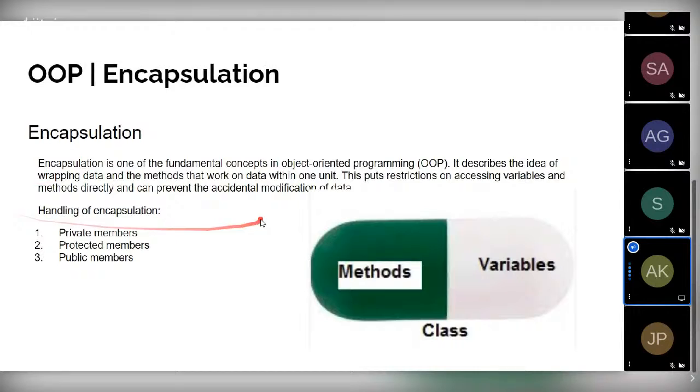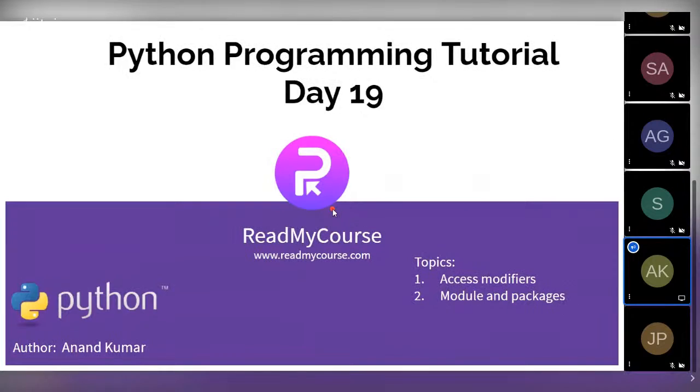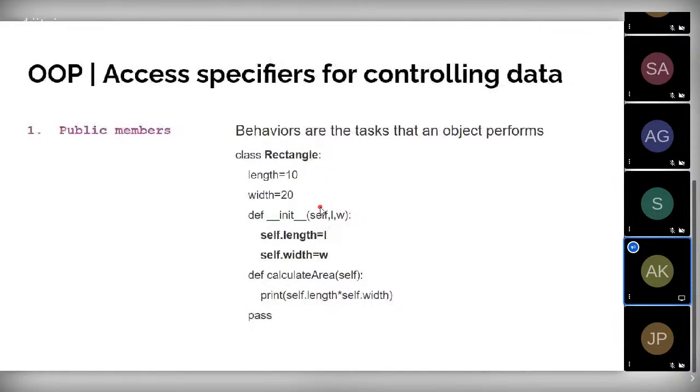Now to handle encapsulation, we have private members, protected members, and public members. First is public members. Whenever you create any attribute or property inside a class, these are public by default.